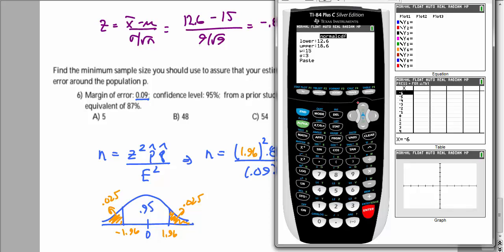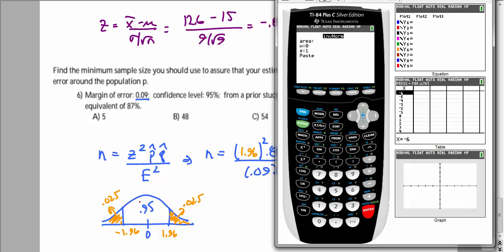Now the upper and lower areas that I'm looking for here, lower area would be this negative very large number, so like negative 100,000 or something like that. And then this would come up to, oh, I forgot, I worked this one backward. We didn't know plus or minus 1.96, so we need to clear this out. And we need to work this backward and use second DISTR inverse normal.